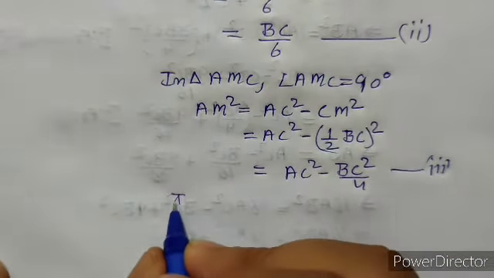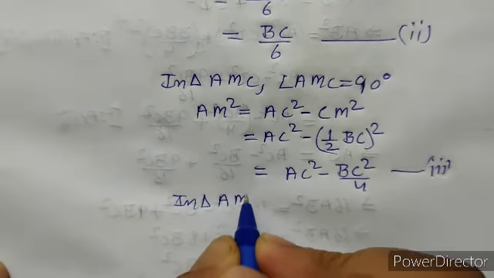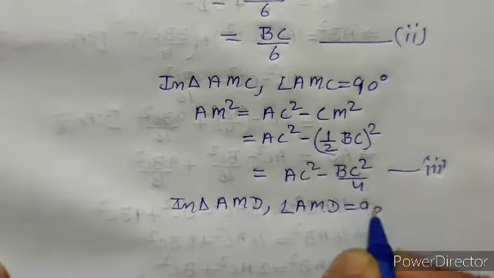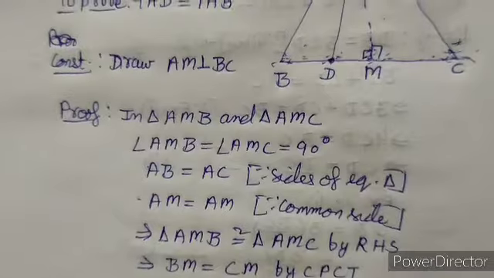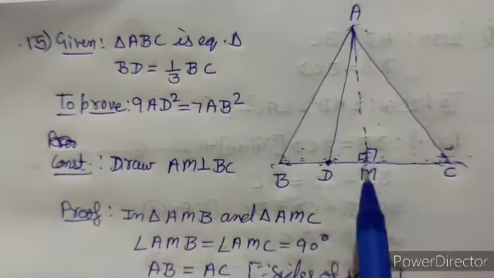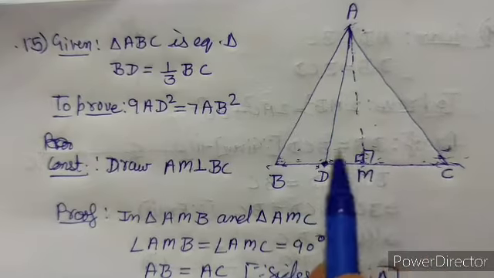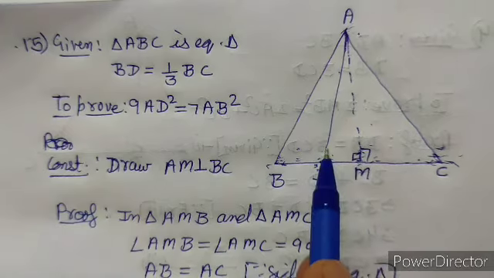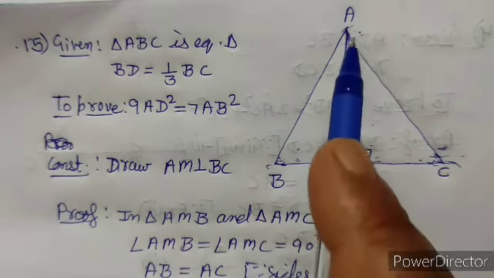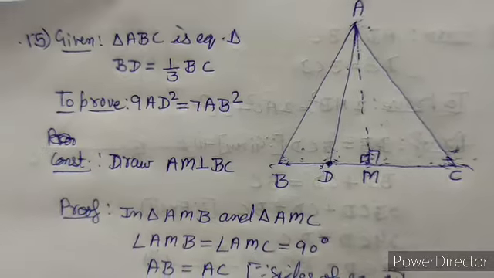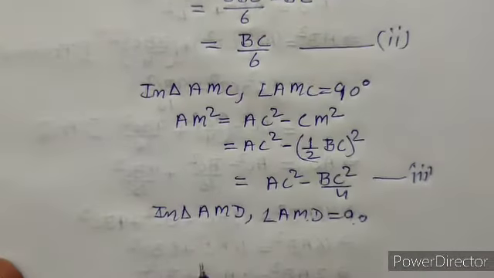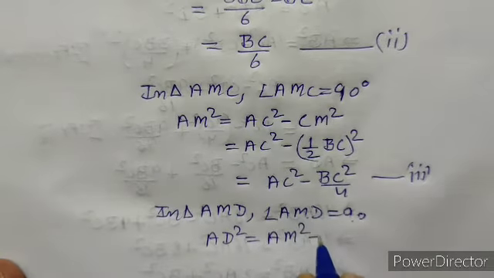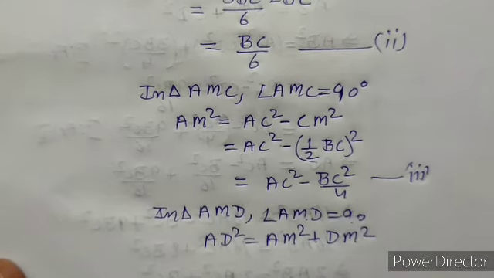Now, in triangle AMD, angle AMD is of 90 degree. So from here we can find the value of AD square by Pythagoras theorem, and AD square will be equal to AM square plus DM square.